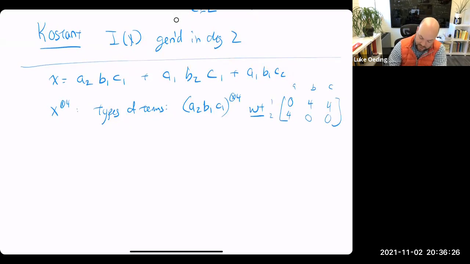There are more types of terms, and this is the weight. So another type of term I would have would be A2, B1, C1 tensored 3 times, tensored the next one. And then I guess I could do 2 of each.